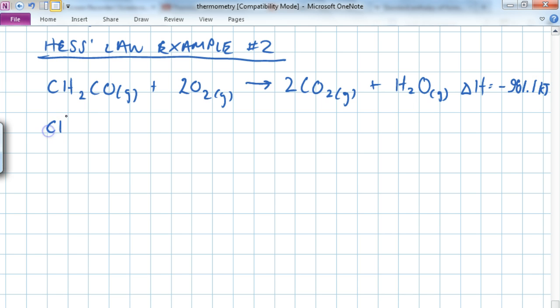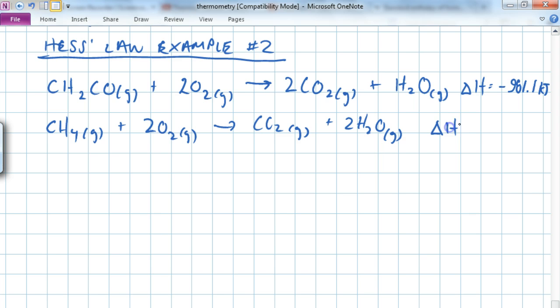And then the other reaction they give us is the combustion of methane to produce CO2 and water, and delta H is negative 802.3. And what they want us to get is the reaction in which methane and oxygen combine to form ketene and water.